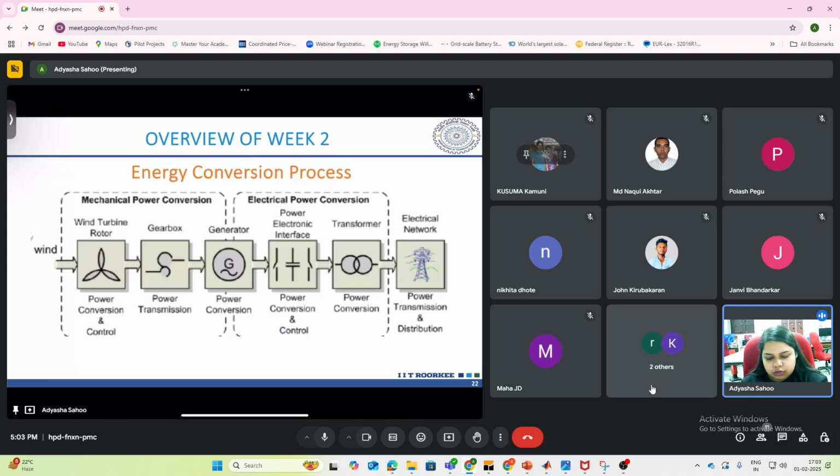You have the input wind speed, which will rotate the blades of the turbine, and this will in turn rotate the shaft, which is the low speed shaft. Basically, wind is given to the blades, which will rotate the low speed shaft.